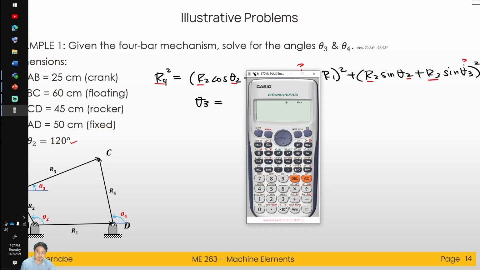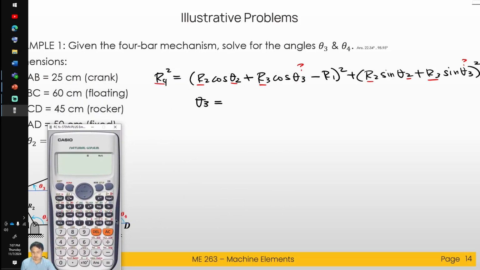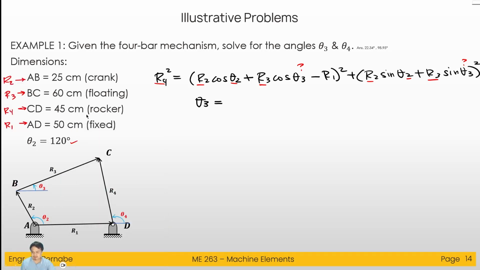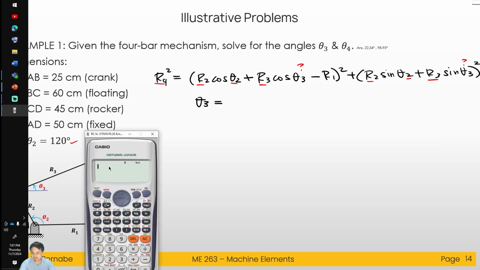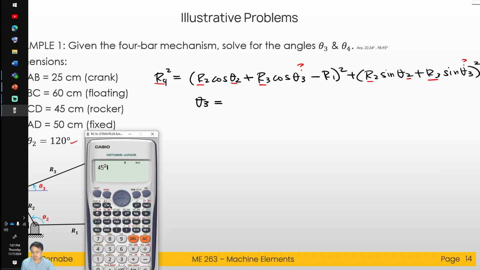So what you have here is R2 cos theta 2. Let's start with R4 actually. R4 is 45, sorry, not 50. So 45 squared equals, and this is squared. R2 is 25 cosine.